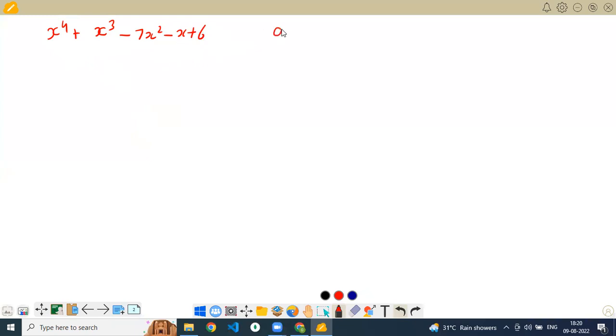Okay, and we have discussed that for a polynomial an x power n plus an minus 1 x power n minus 1 plus dot dot dot a naught, if x minus p by q is a factor of this equation, then q divides an and p divides a0.